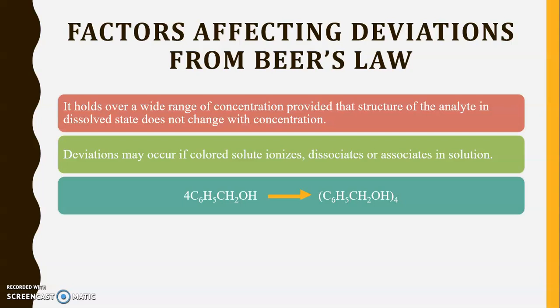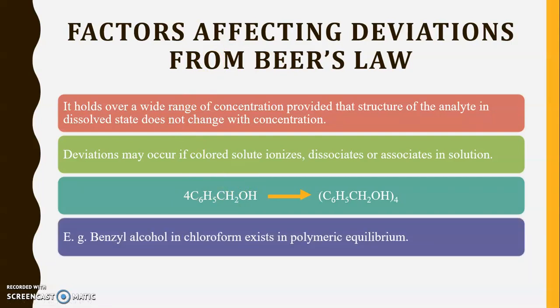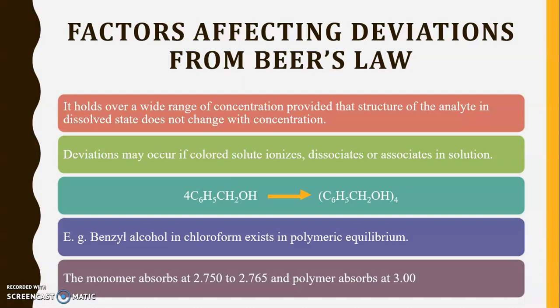The monomer is absorbing at 2.75, and the polymer is absorbing at 3. So though the compound is the same, if we prepare a solution of benzyl alcohol in chloroform, the monomer absorbs at 2.750 and the polymer absorbs at 3. In the same solution, if monomer and polymer are present, they give different absorbances.